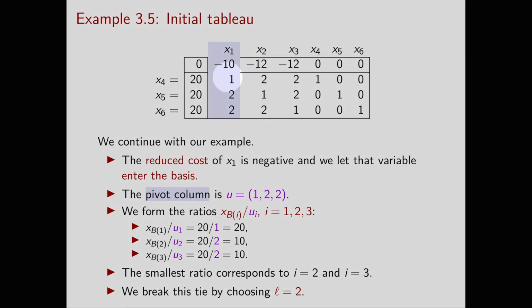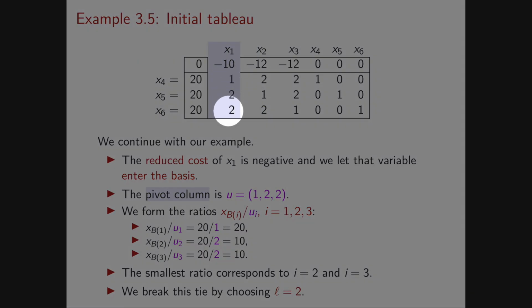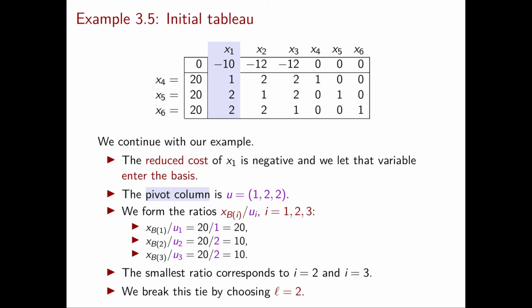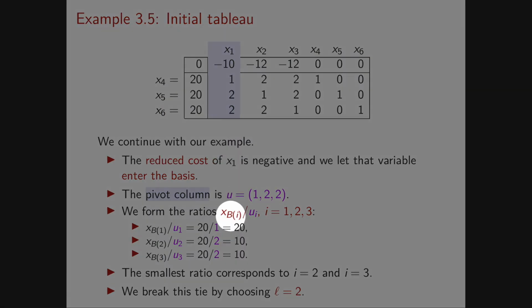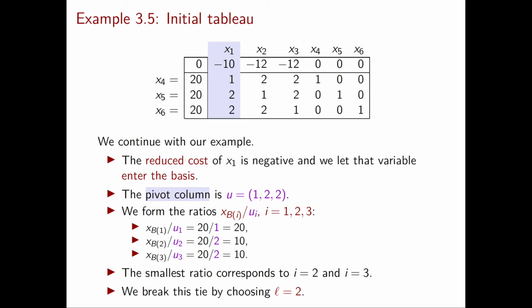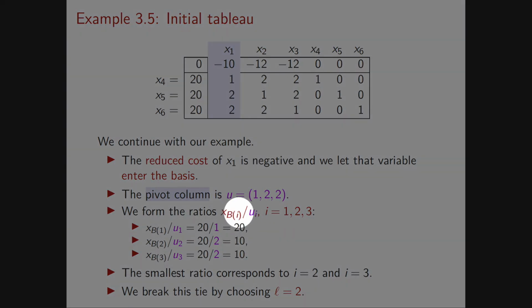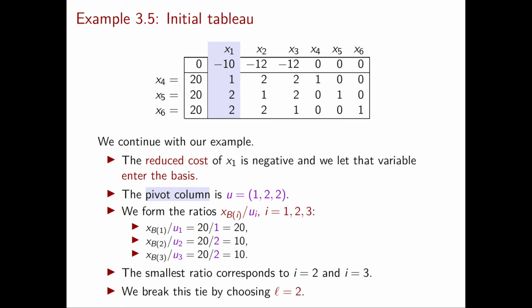The vector u then is 1, 2, 2. The next thing we need to do is find the theta star. To do this, we need to form the ratios xbi over ui. We should consider this ratio only for the indices i for which ui is positive, but in this case all the 3 of them are positive, so we need to consider all these 3 ratios.